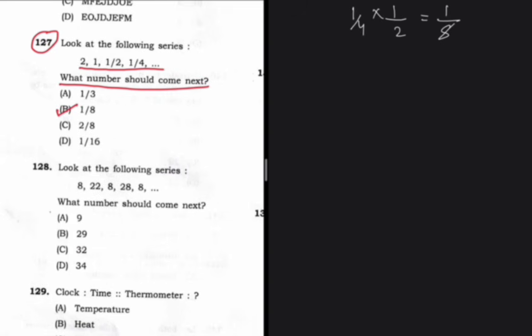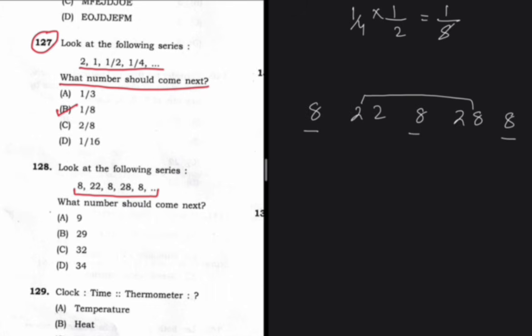Okay, so the next question is question number 128, and here also a series is given: 8, 22, 8, 28 and 8, and we need to find what is the next number. In this series, 8 is fixed, and what is changing is 22 and 28.